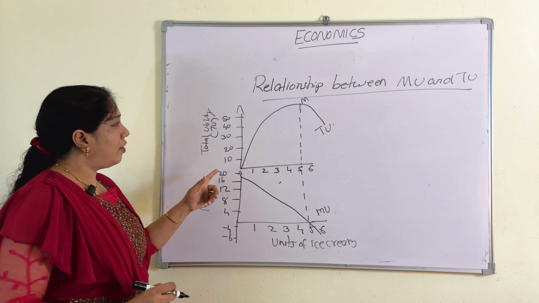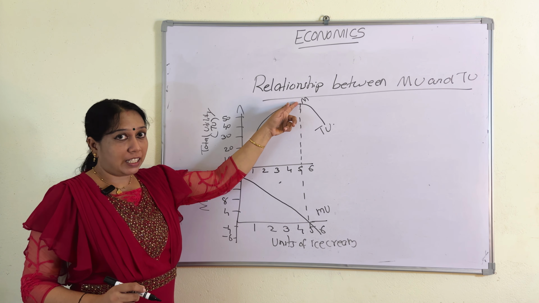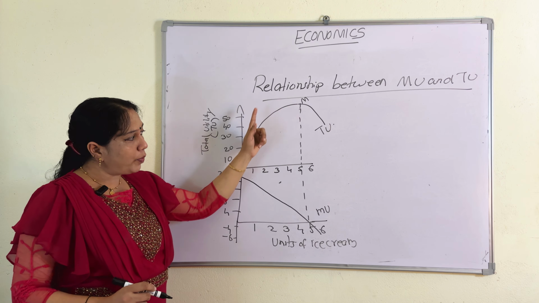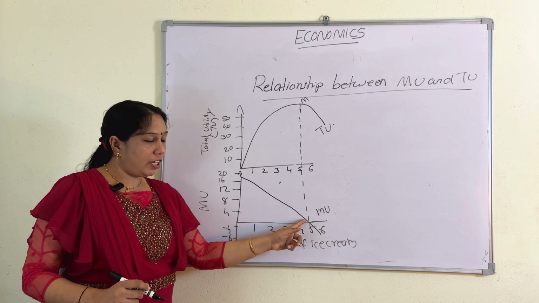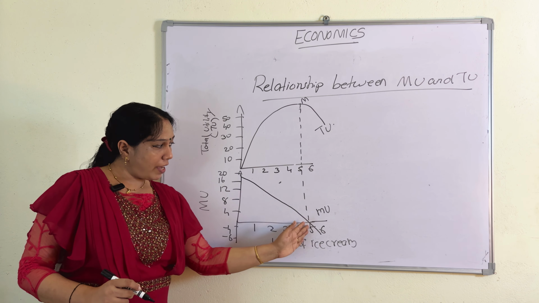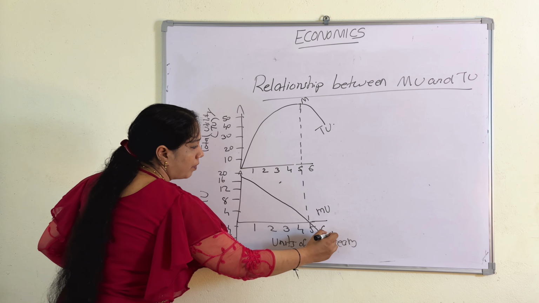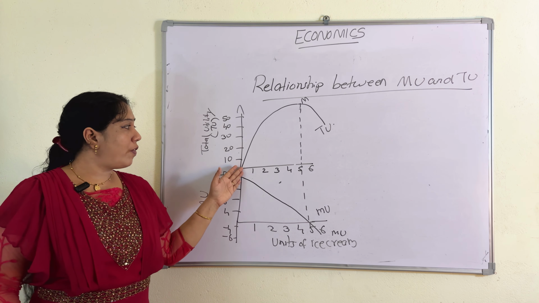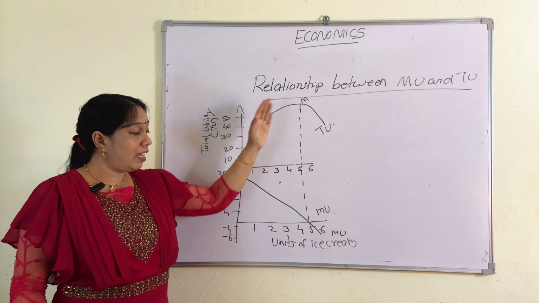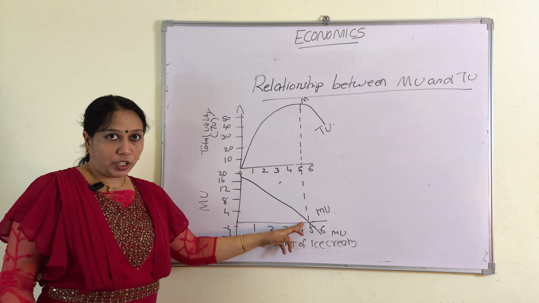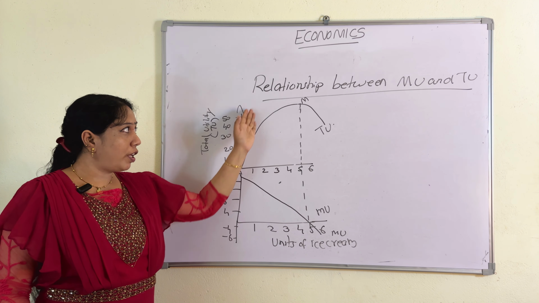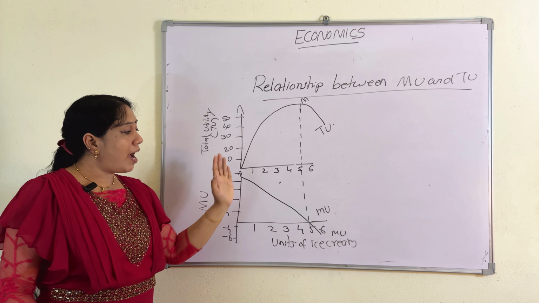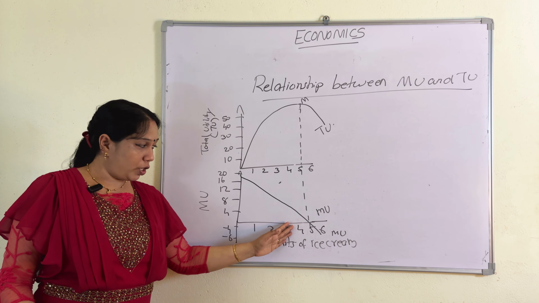Here we can see that when the total utility is increasing, it is increasing up to the fifth unit, what will happen? The marginal utility is positive. This is the marginal utility curve. So when the total utility is increasing, the marginal utility is positive till 5 units.